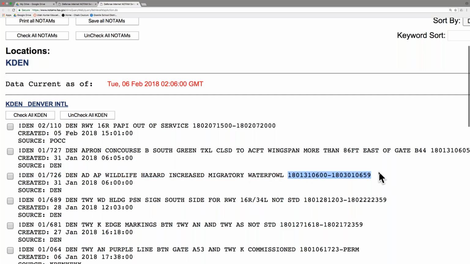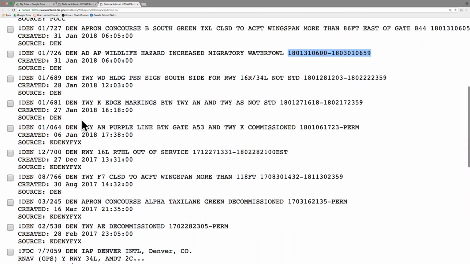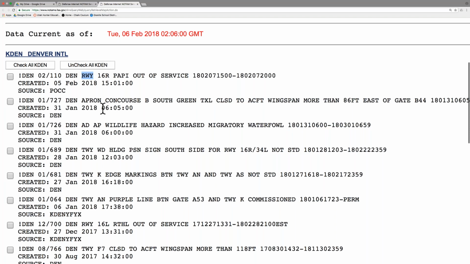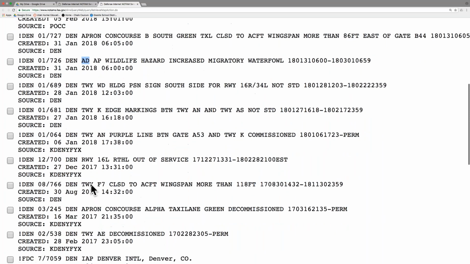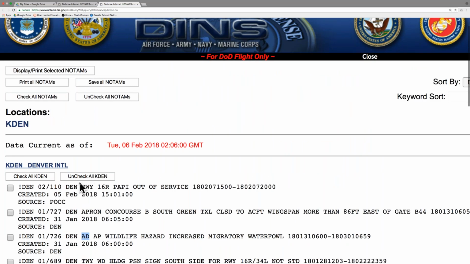Okay. And then once again, a timestamp. Do you want me to write down the AD means aerodrome? Yeah. So we're kind of coming to that right now. The keywords you really need to pay attention to when you're looking through these D NOTAMs would be runway, aerodrome, and if you see one that's NAV, those are going to be your main ones.